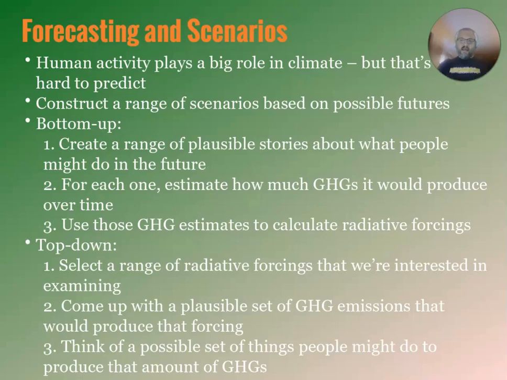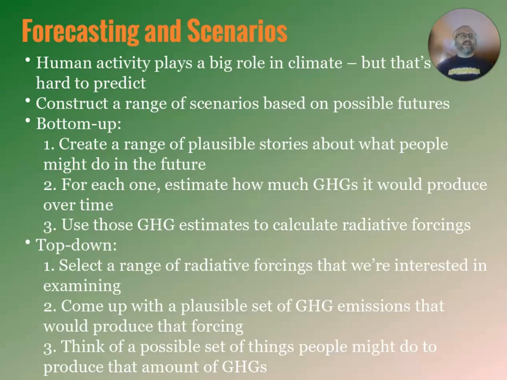We can say, if you do X, then Y will happen. If you do Z, then A will happen. If you do B, then C will happen. Right? We can set up an if-then kind of situation based on different things that people might choose to do, because we can't predict exactly what people are going to do, but we have some ideas about the range of things that might happen. Right?